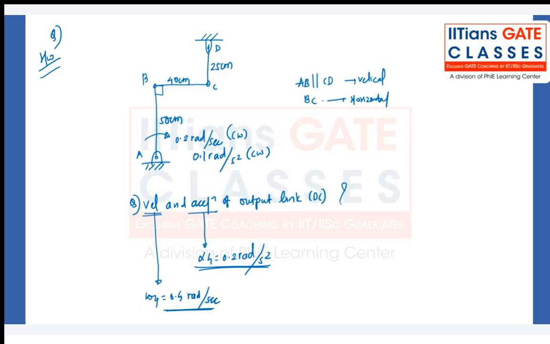So by drawing the velocity and acceleration diagram, you can easily solve. Very easy velocity and acceleration diagram you will get because two links are parallel to each other. You can try this later. Quite easy problem.